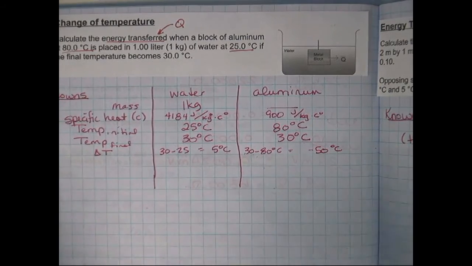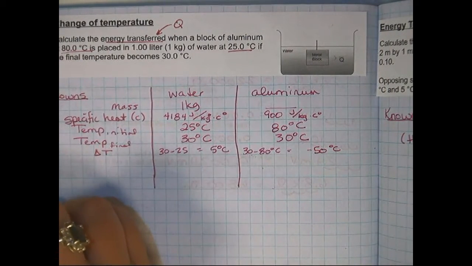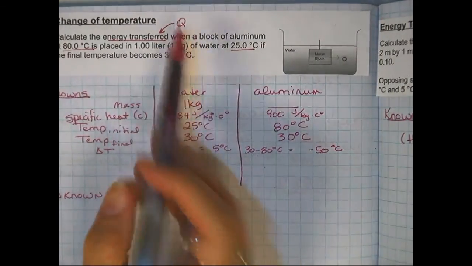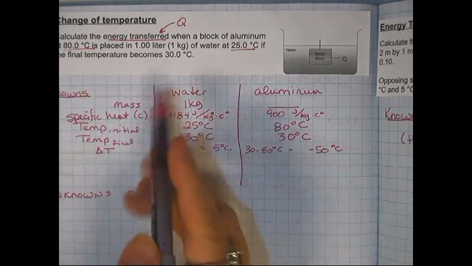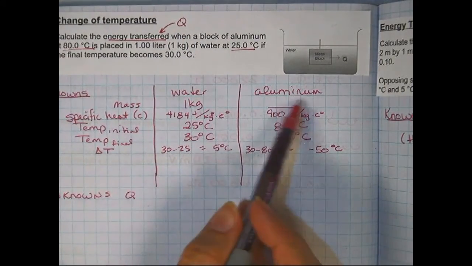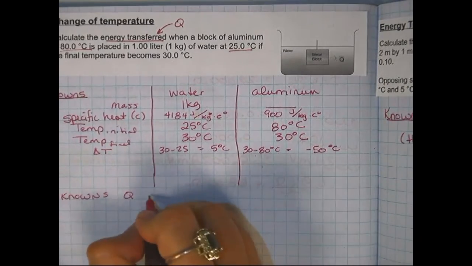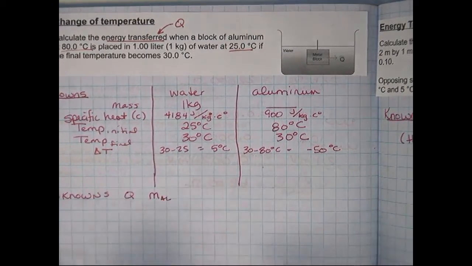Okay, so what we're looking for, we already said we need to find Q at the end. That's what it asked us to find in the problem. We also don't know how much aluminum there was there. So we also need to find the mass of aluminum.